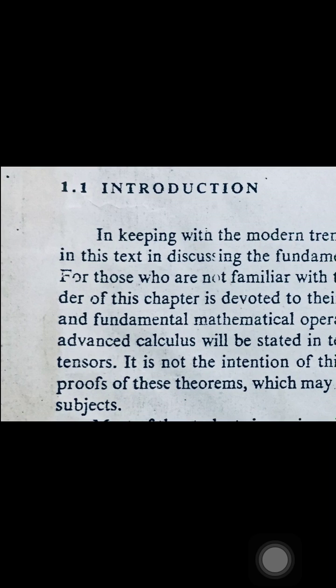It is not the intention of this chapter, however, to furnish detailed proofs of the theorems, which may be found in standard texts treating these subjects. So this is just the introduction of the first chapter on vector and Cartesian tensor, with elementary ideas and some new ideas discussed here.